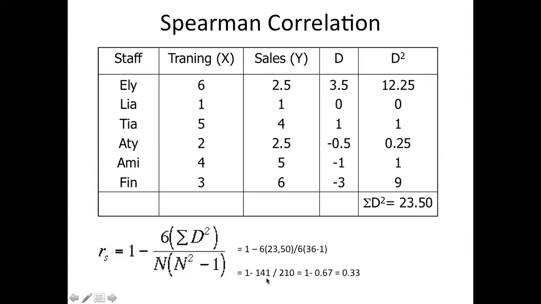So the result is 0.33, positive 0.33. So it is easy to calculate. Once again, we just find the difference between the two variables and square that, and the result is put into the formula here. So 0.33 belongs to weak correlation, less than 0.36. So it belongs to the weak category.